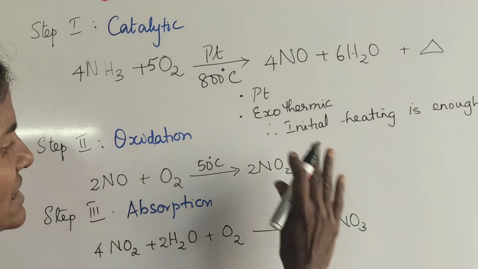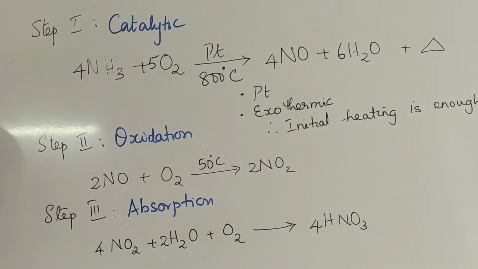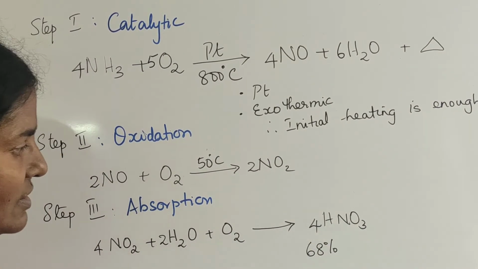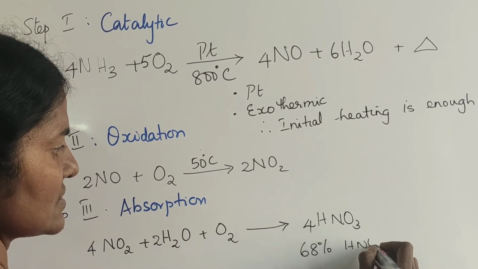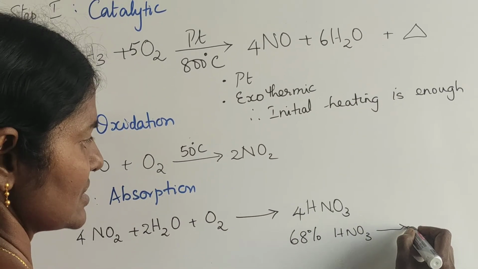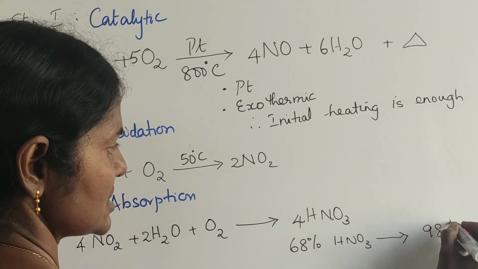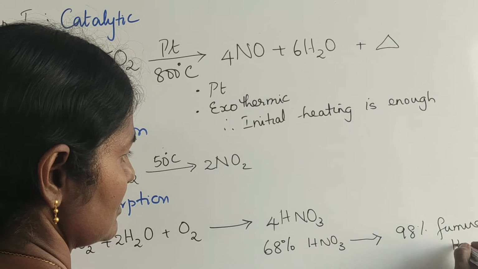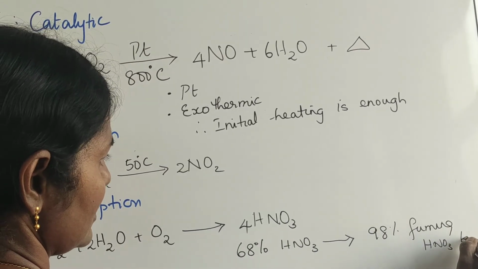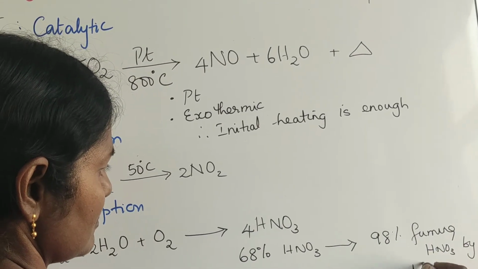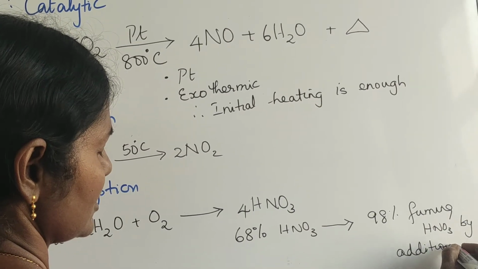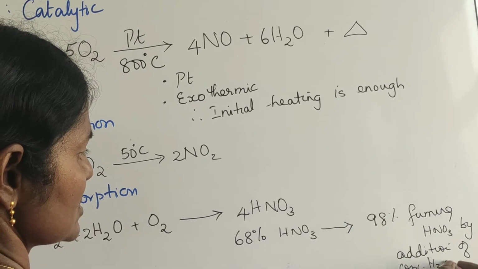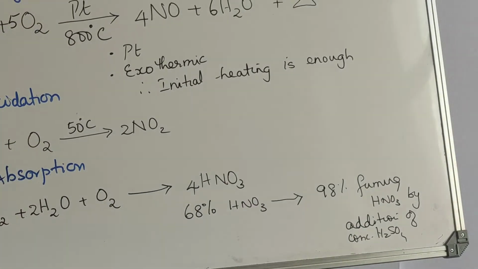The nitric acid that is formed here is 68% nitric acid, and this further is converted to 98% fuming nitric acid by the addition of concentrated sulfuric acid, which is a dehydrating agent that would remove the molecules of water.